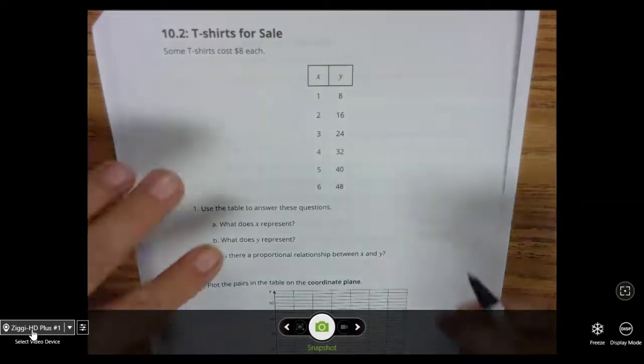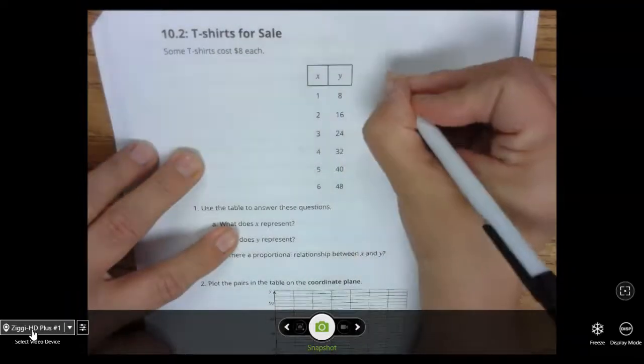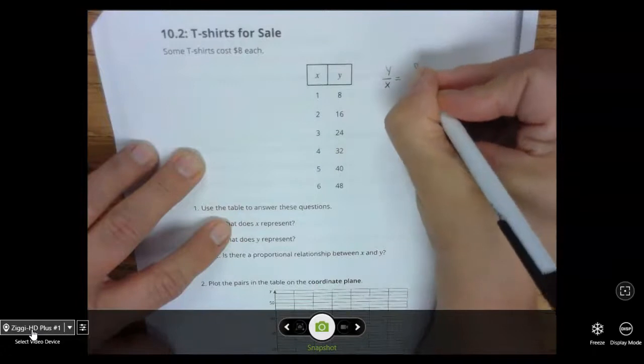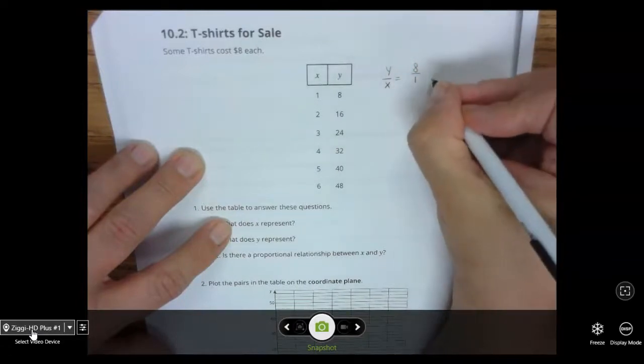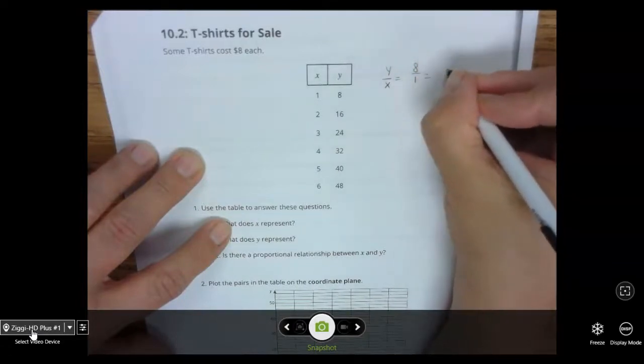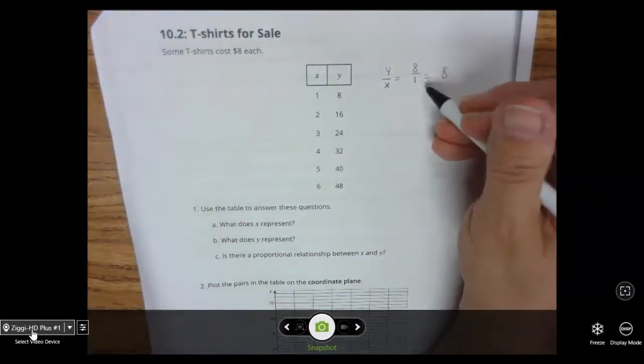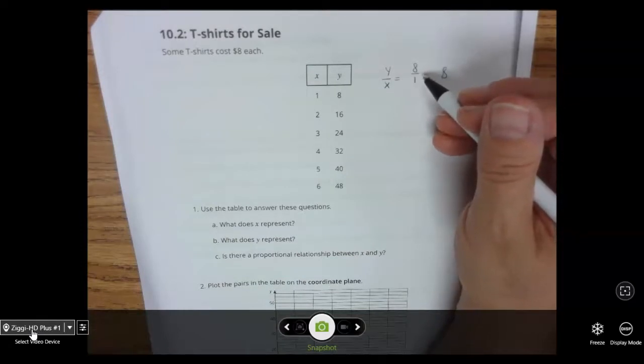Well, if we do Y over X to find our constant, which is what we usually do, right? You would have 8 over 1, which is equal to 8. What would this 8 over 1 be? Well, if we look up here, it's $8 for a shirt.